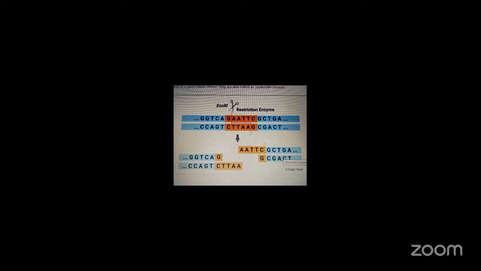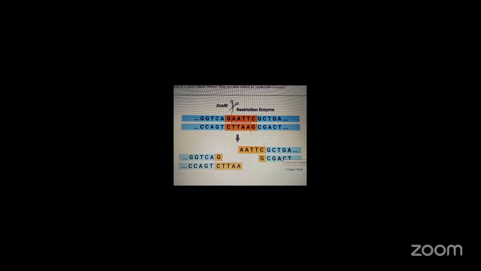So, recognition sites: how do we recognize these sites? The DNA sequences recognized by restriction enzymes are called palindromes.